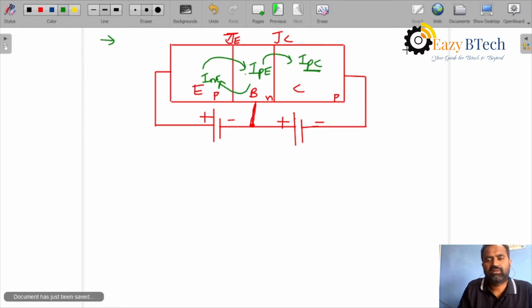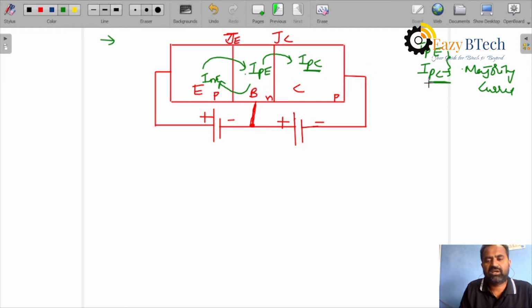IPE and IPC are majority currents. But IPC is the minority in the base.